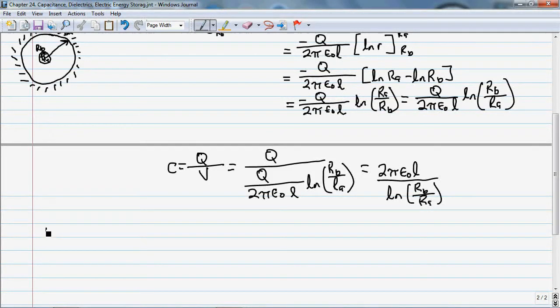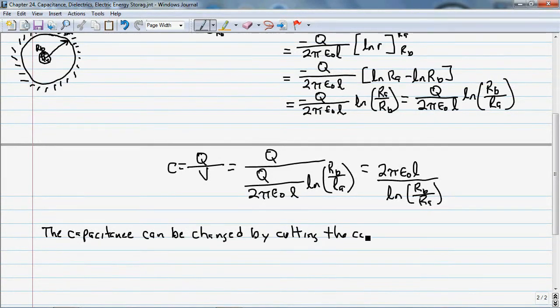So the capacitance can be changed by cutting the coax to a specific size or specific length.